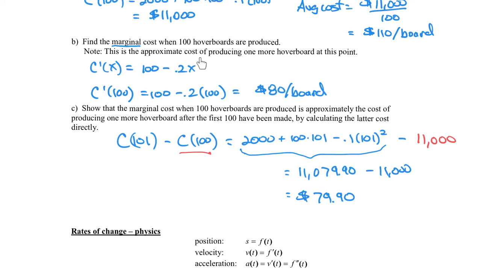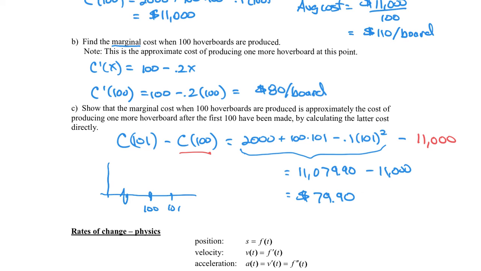If you remember, we are using a continuous curve to approximate a discrete concept. With this cost function, really what's happening is we're going to have a break here in the number line. At this point, we've got 100 hoverboards, 101.